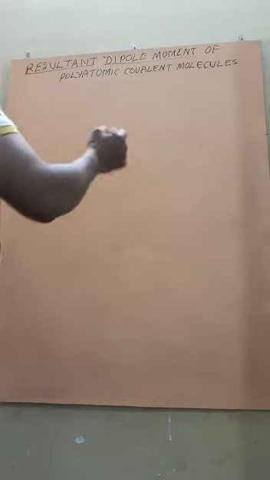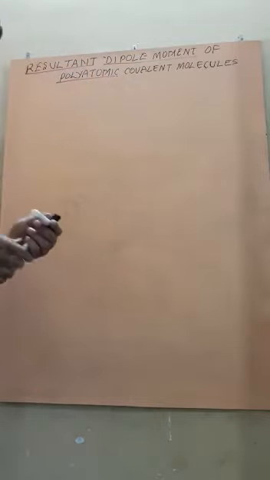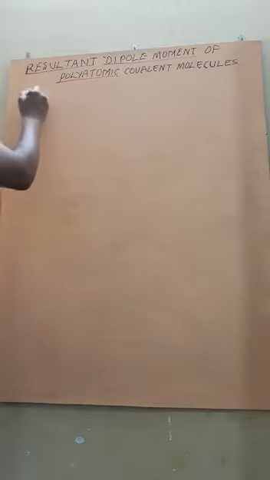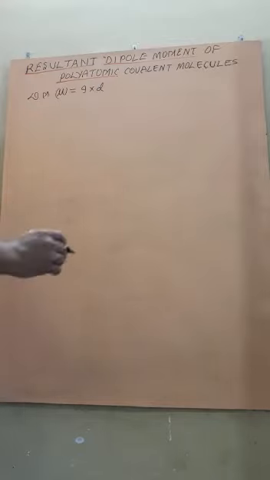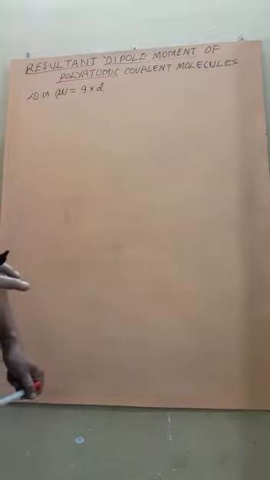But again, I am revising to capture most of the covalent molecules for better understanding of dipole moment of polyatomic covalent molecules. Students, as you know, dipole moment, denoted by mu, is actually the product of charges, cations and anions, and the distance between the cation and anion, that is positive and negative charges.